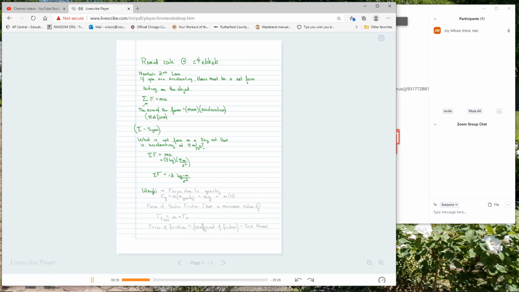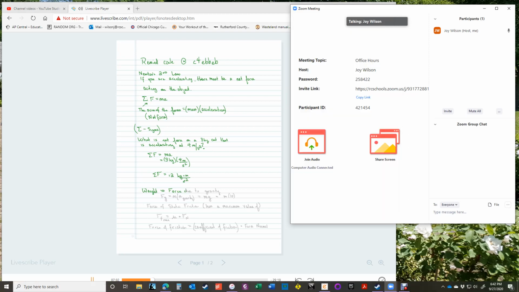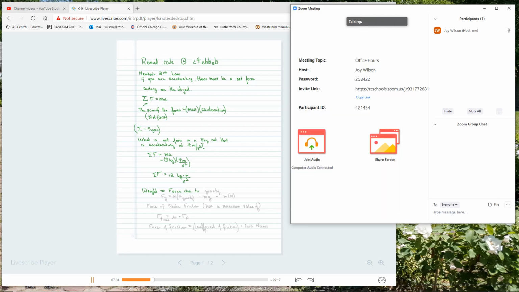So, weight is the everyday term for the force due to gravity. So, weight, force due to gravity, is mass times the acceleration of gravity, which we usually just write as a lowercase g, because it's gravity. But gravity is an acceleration.